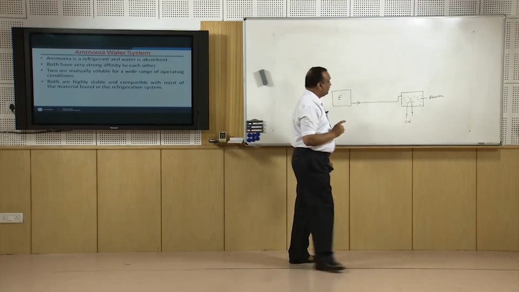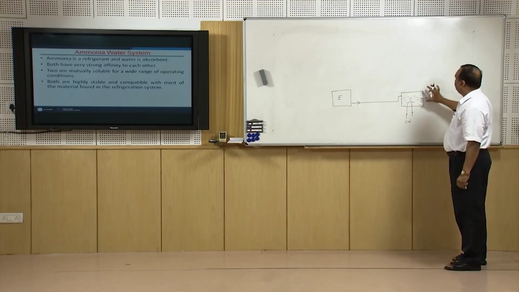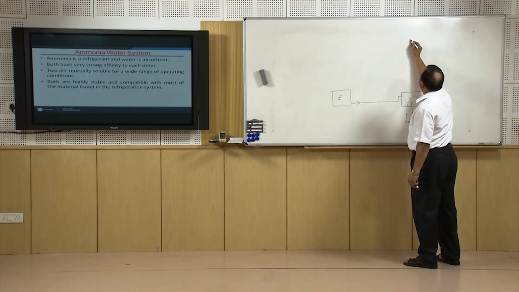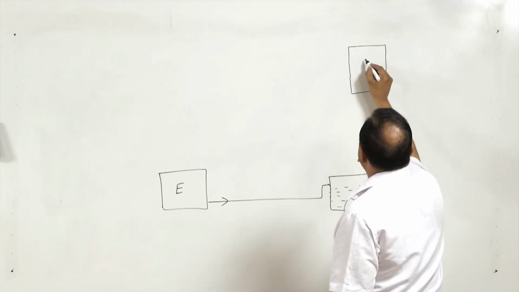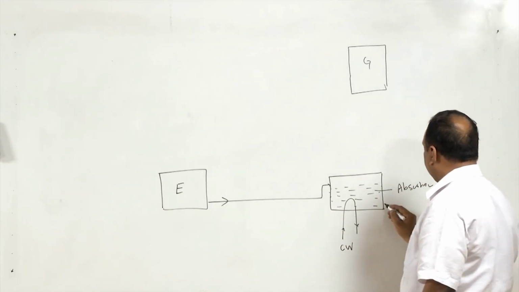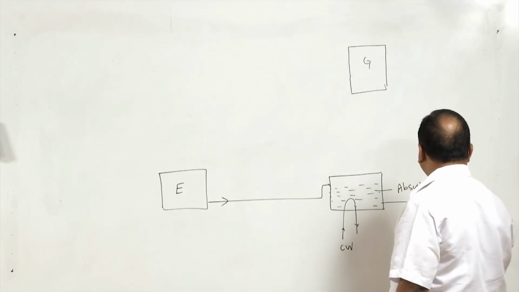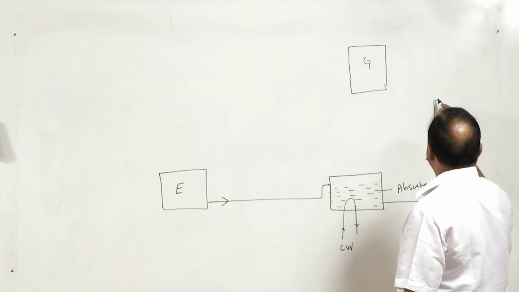Now, the pressure of this absorbed vapor has to be increased, normally 10 times, with the help of a pump, and there is a generator in the system. The ammonia water mixture is pumped to the generator with the help of a small pump.